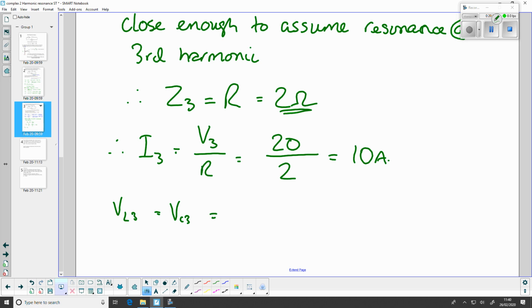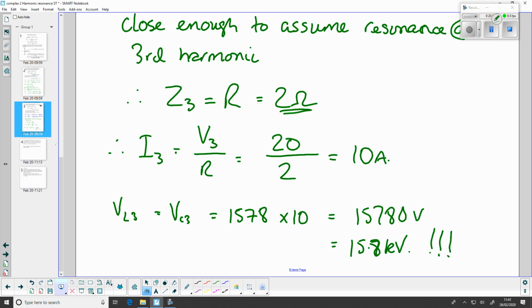I've taken the 1578 as being close enough, times the 10 amps, which equals 15,780 volts, or 15.78 kilovolts.